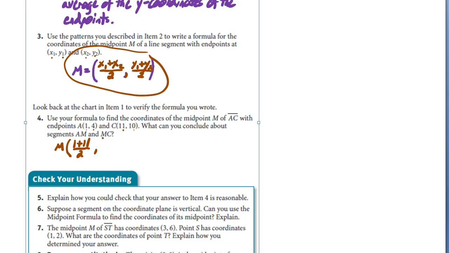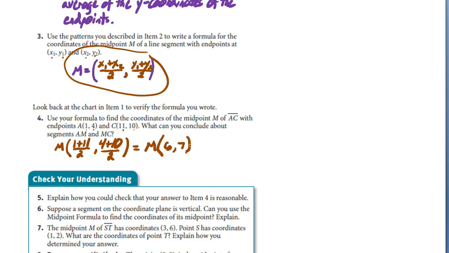And then add the y coordinates together, the 4 plus 10, and divide by 2. The way to say that is we're averaging the x and y coordinates. 1 plus 11 is 12, and 12 divided by 2 is 6. 4 plus 10 is 14, and 14 divided by 2 is 7. So I think that point M is at 6, 7.